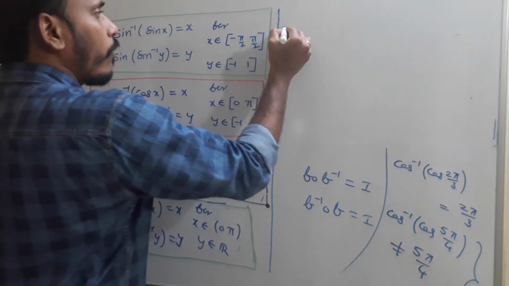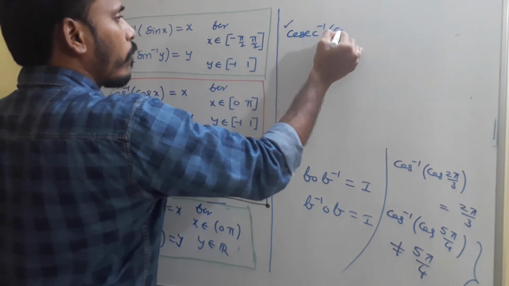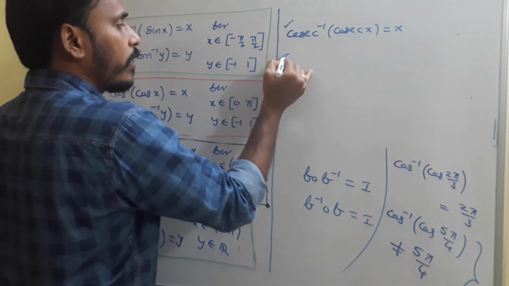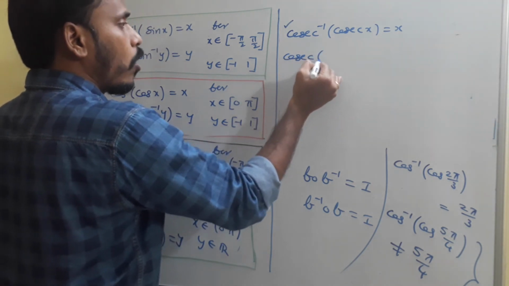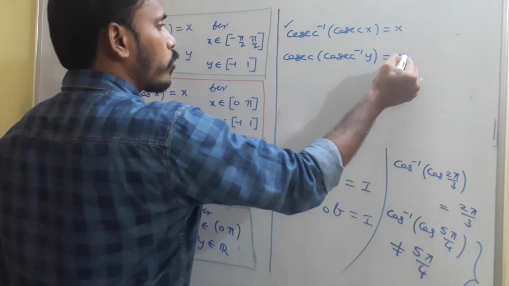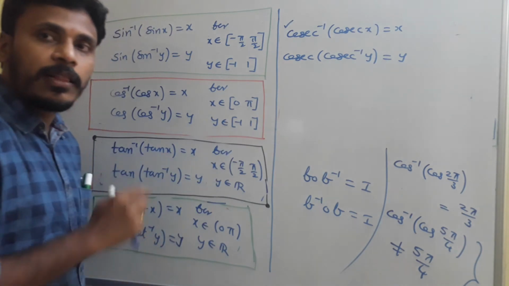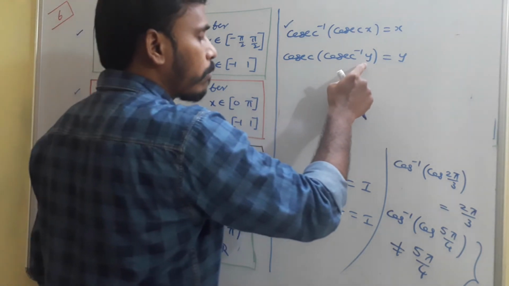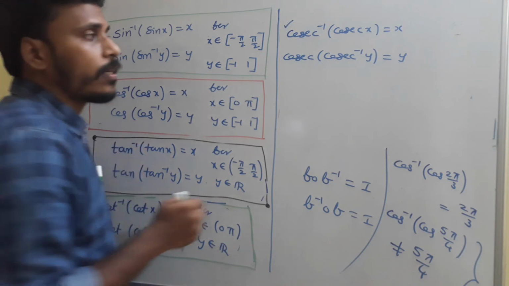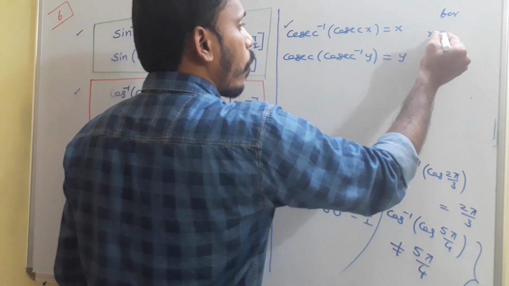So what we have at the end? Cosecant inverse of cosecant x is equal to x, as well as cosecant of cosecant inverse y is equal to y. So for cosecant x, this x should be an angle and the result is the angle; here it is a number and the result is a number. They are not always correct, they are correct only for suitable x and y.